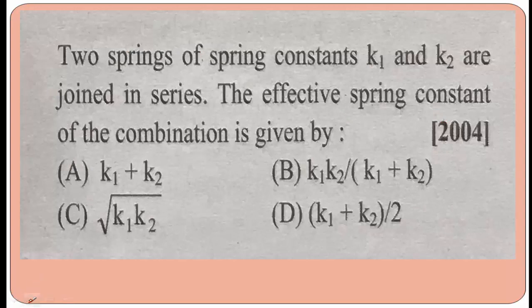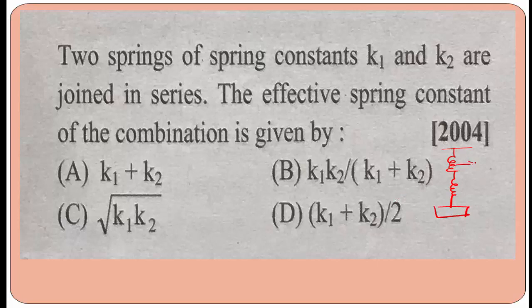Two springs of spring constants K1 and K2 are joined in series. The effective spring constant of the combination is given by, we know the formula. Already I have discussed this concept in the synopsis.